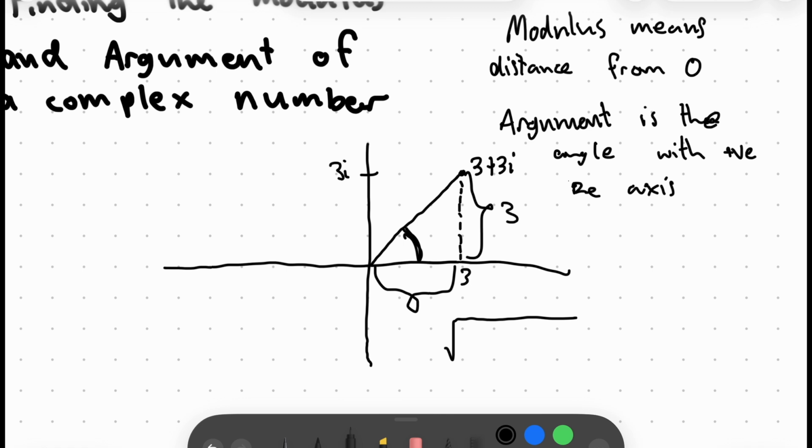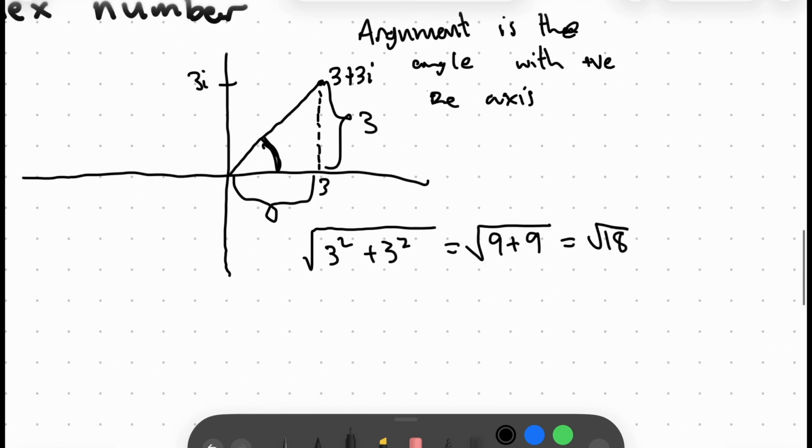So it'll be the square root of 3 squared plus 3 squared, which equals the square root of 9 plus 9, which is the square root of 18. We can work this out: that's the square root of 9 times the square root of 2, so that'll just be 3 root 2, because the square root of 9 is just 3. So that there is the modulus.